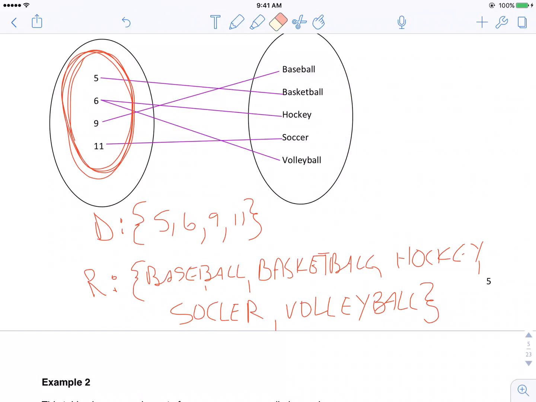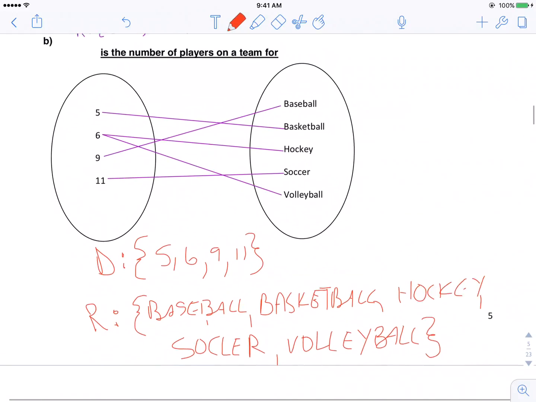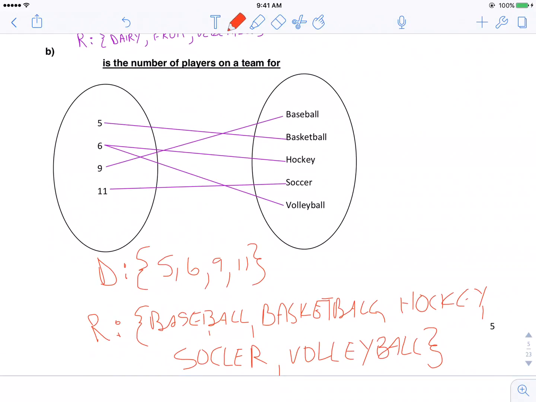Now, that's question A. Question B says, is this relation a function? And I look at my domain values and see what they give rise to for my range values. Now, this one, number 6, can be a hockey team, and it can also be a volleyball team.